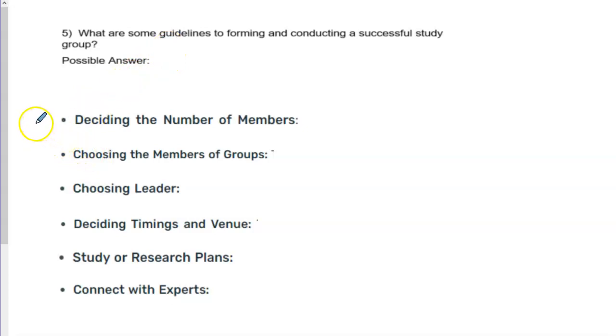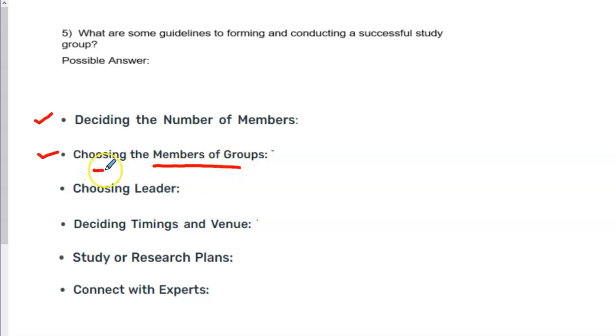The first thing that you want to look at is deciding the number of members. As we stated earlier on, you don't have to go more than 5, but you want to go way below 5 also. So the number of members of the group is very important. And then number 2 is choosing the members of groups.